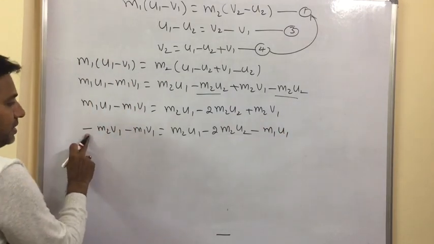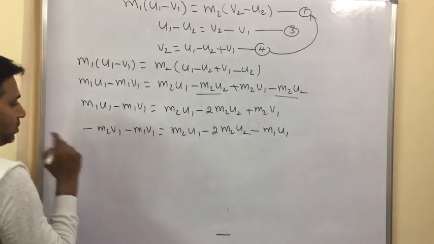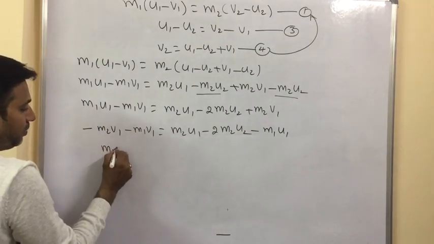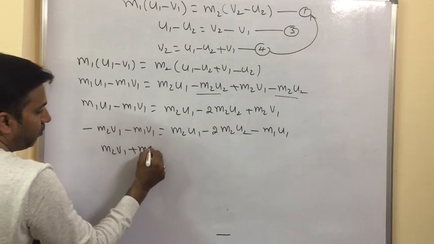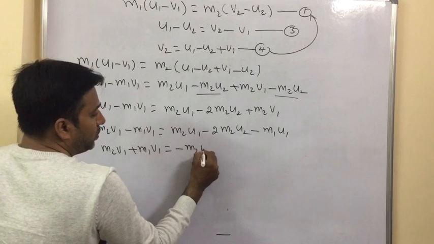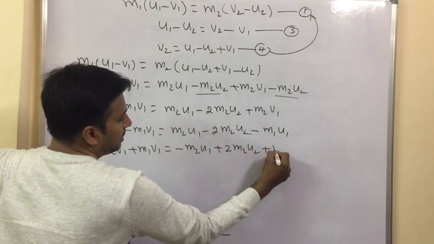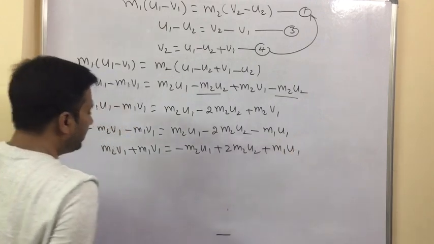Now minus is there on the first side, so multiply the whole equation with minus. So we get m2v1 + m1v1 equal to −m2u1 + 2m2u2 + m1u1. Let us write in order.